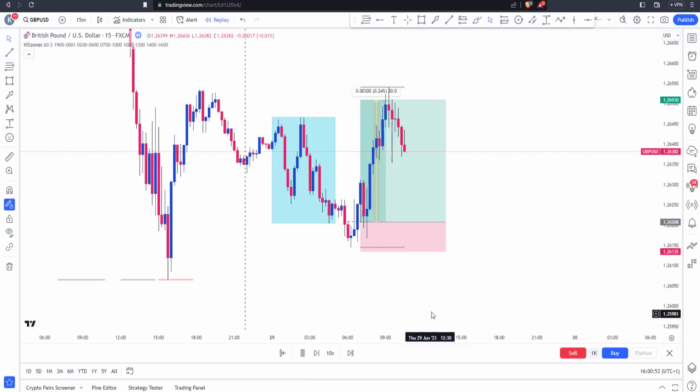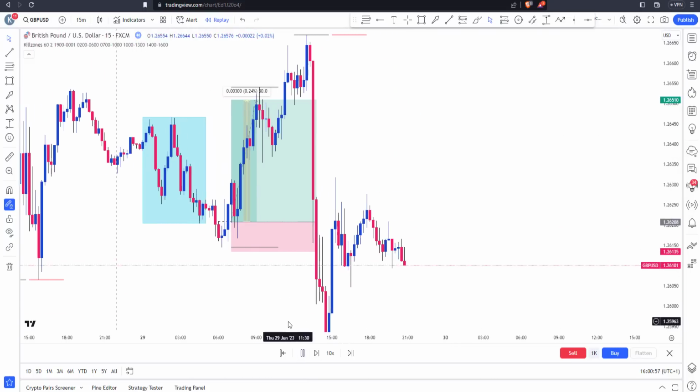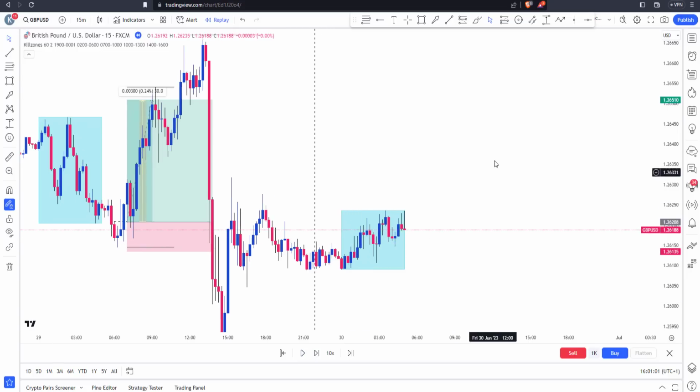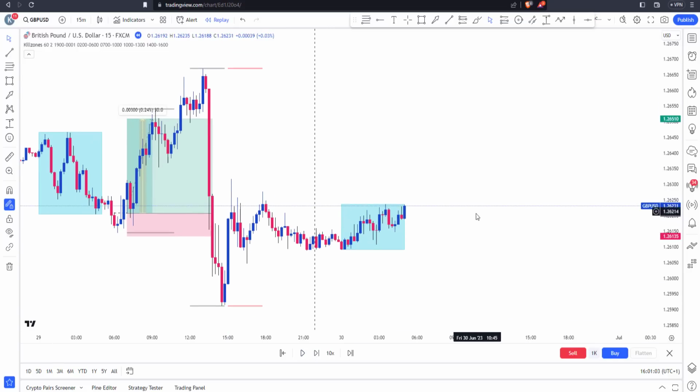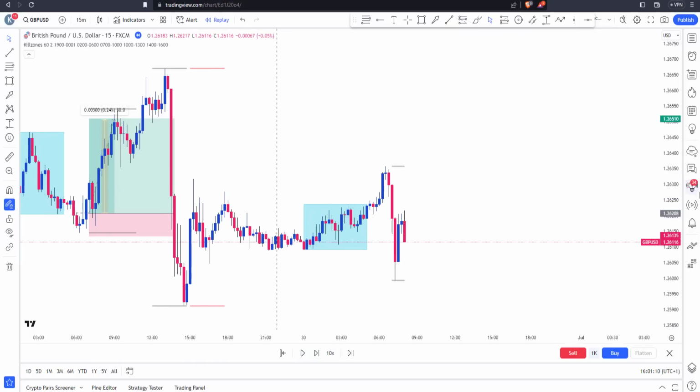So let's go to the next day and see how this setup will come in handy. Okay, the next day is here. Very simple and straightforward. Asian range, we are watching this to happen, and this is it.